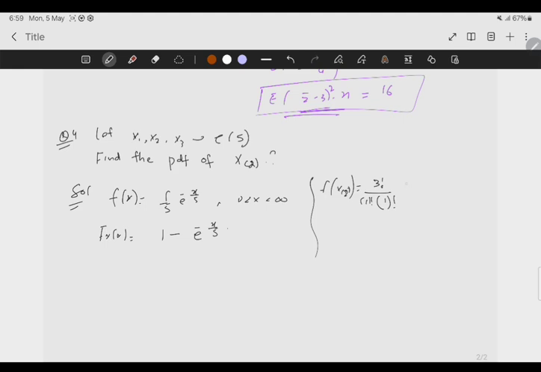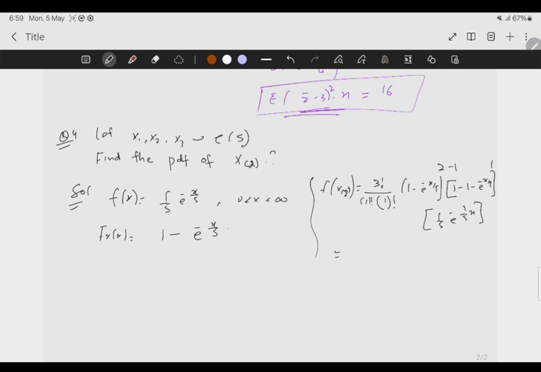Then F of x, that is 1 minus e raised power minus x by 5, raised power r minus 1, that's 2 minus 1, multiplied by 1 minus F of x raised power n minus r, that's 3 minus 2 is 1, into f of x, that's 1 by 5 e raised power minus x by 5.